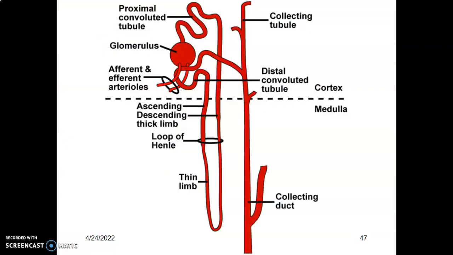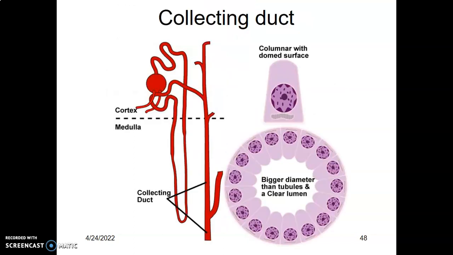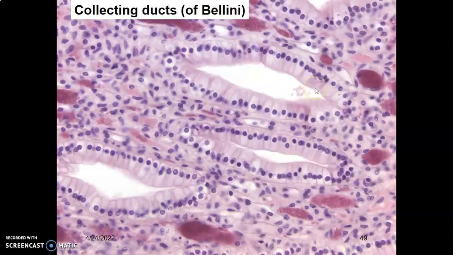So then after that, from the collecting tubule, there's the collecting ducts, which have a bigger diameter than the collecting tubules, and the lumens are also clear. Okay, and this just shows you the collecting ducts of Bellini.